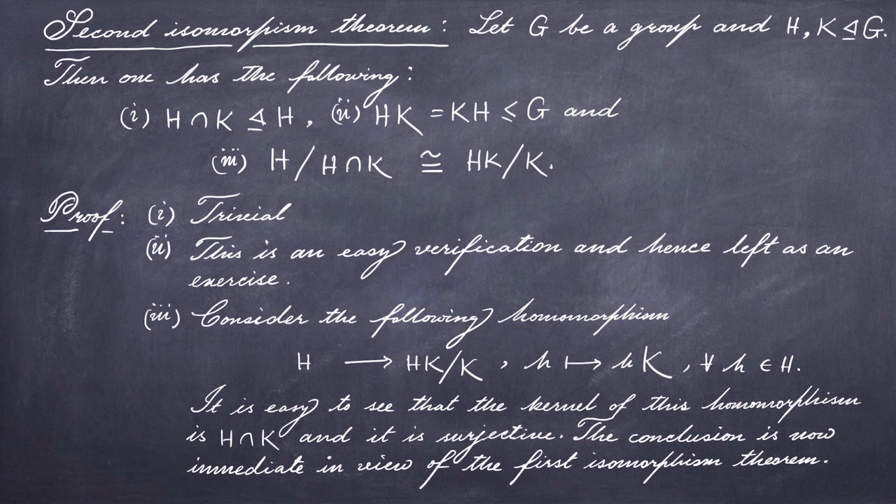Each small h maps to hK, and we look at the kernel of this homomorphism. It's an easy verification that the kernel is nothing but the intersection H intersection K. Now this conclusion is immediate in view of the first isomorphism theorem. So this second isomorphism theorem is basically an immediate corollary of the first isomorphism theorem.